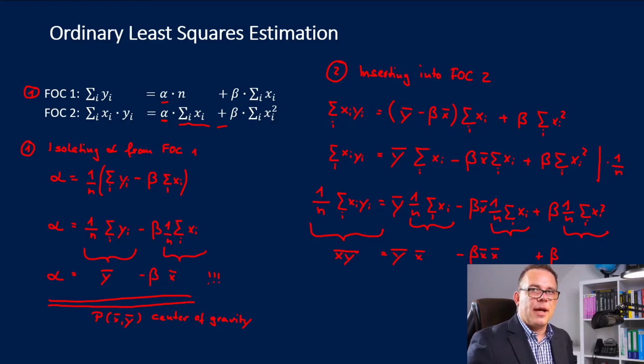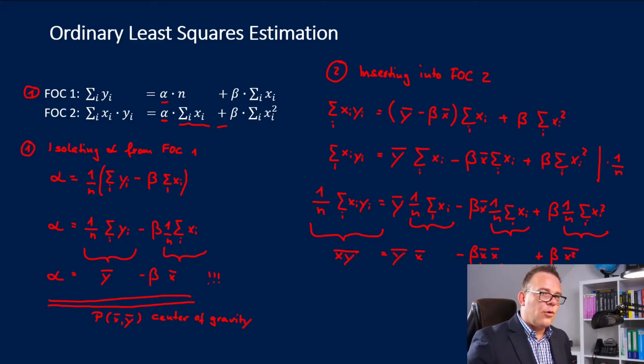We have the arithmetic mean of x squared, so we have x squared bar. Of course, here this is x bar squared. Don't mix this up. So x epsilon bar is not the same as x bar epsilon bar. These are different numbers. And x bar squared is not the same as x squared bar. Also, these are different numbers.